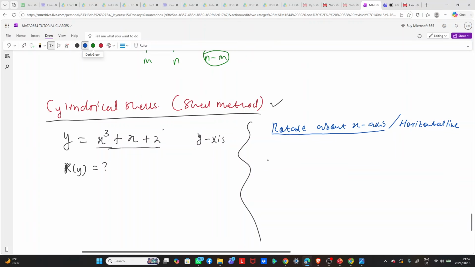The volume will be defined by the integral from a to b of 2 pi r times f of y dy.